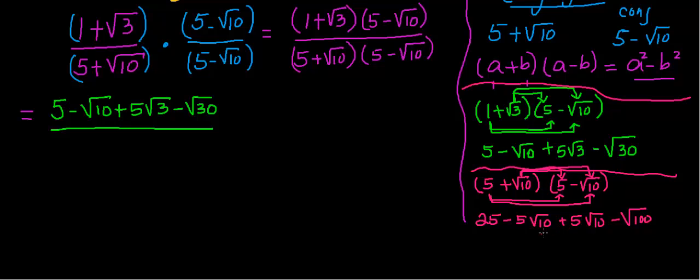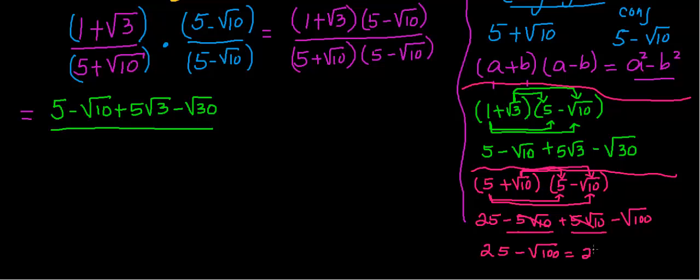Let's simplify this. This term here and this term here are like terms. How do I know they're like terms? Because the radicands are equal. I treat them like x's. These two terms cancel out. I have 5 square roots of 10 minus 5 square roots of 10. That's 0 square roots of 10. Okay? So I'm left with 25 minus the square root of 100.